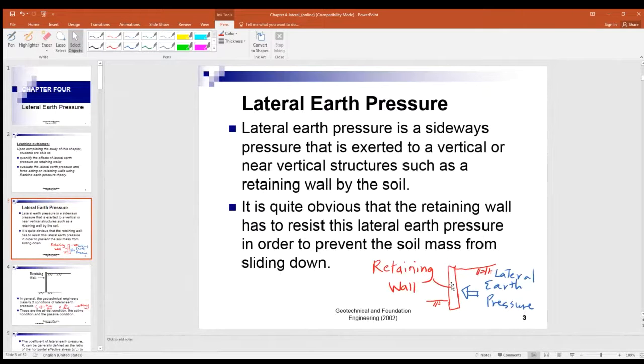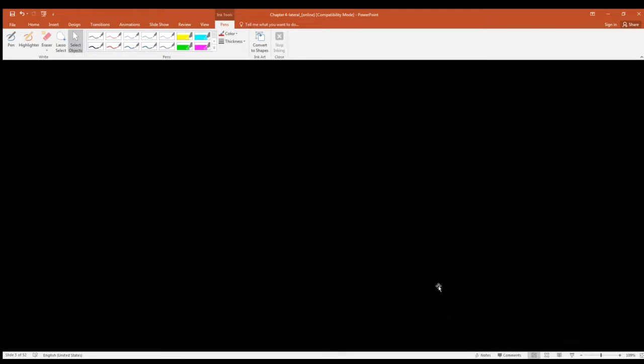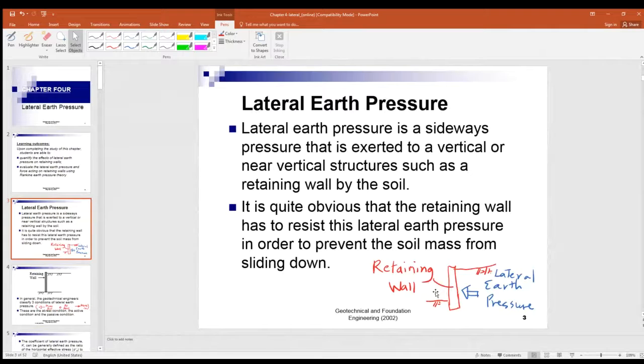If the retaining wall overturns, topples over, or even slides towards the building, that will be completely an engineering disaster. So we have to prevent the soil from moving the retaining wall out. That's why we have to learn about this topic, lateral earth pressure.